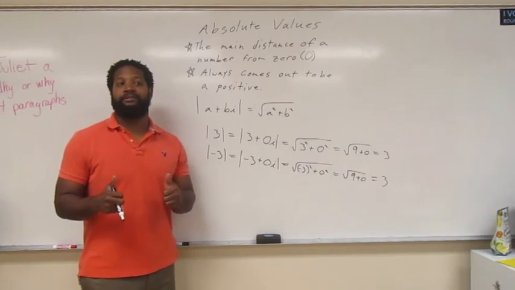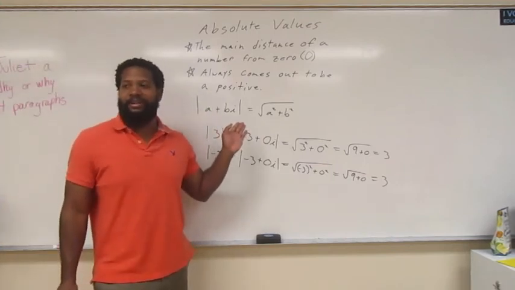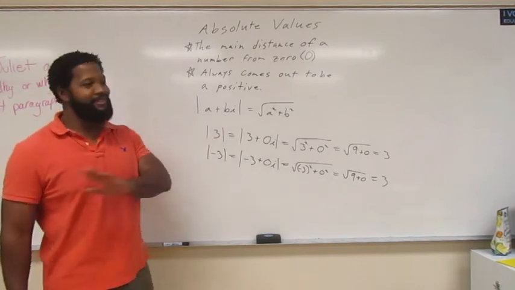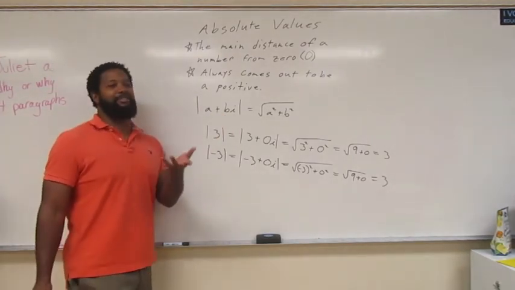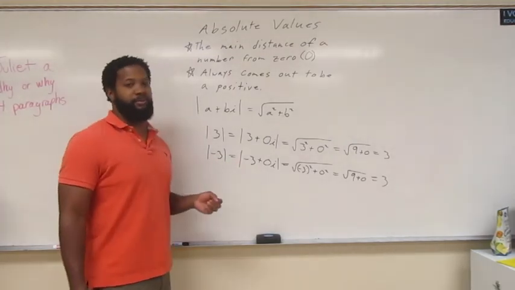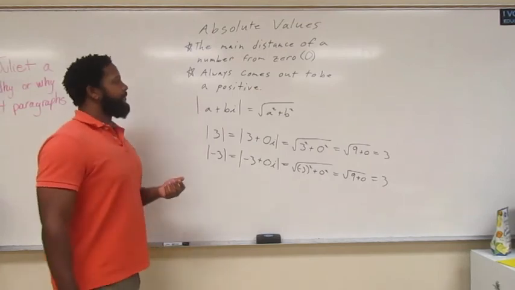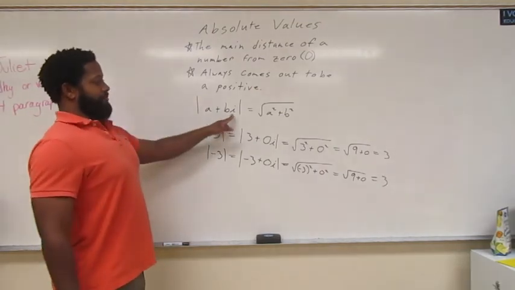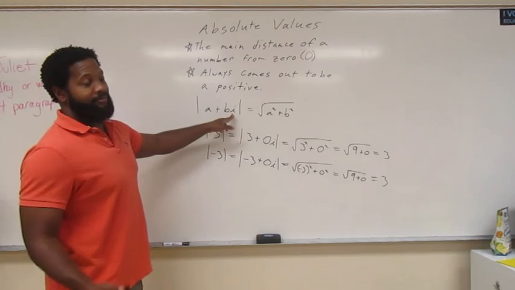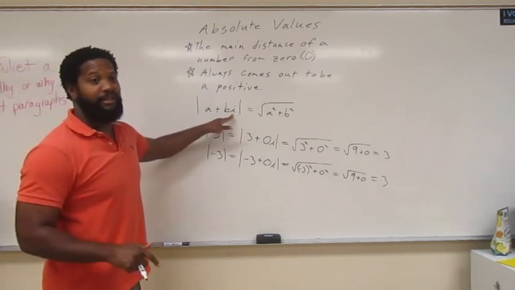Understood so far? Now, are you all going to be using this formula right here? No, not at all, okay? Y'all are Algebra 1 kids, but I just want y'all to see where this comes from, where it derives from, if you will, okay? Because the I right there, that's a complex variable, an imaginary number, okay?